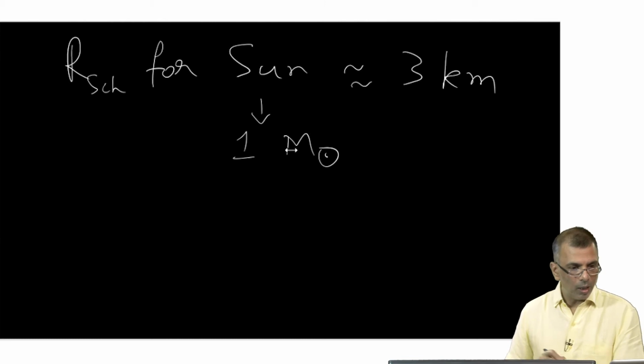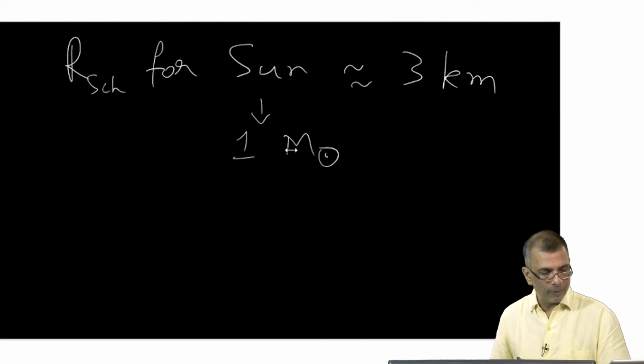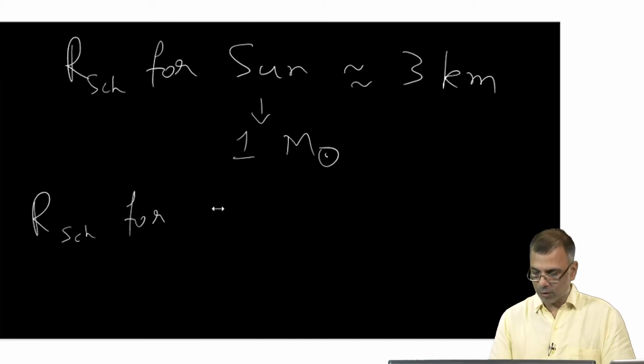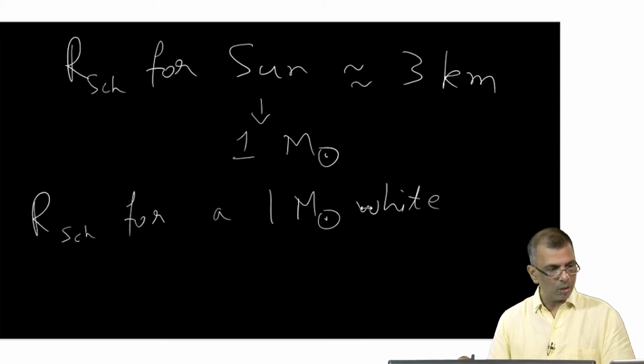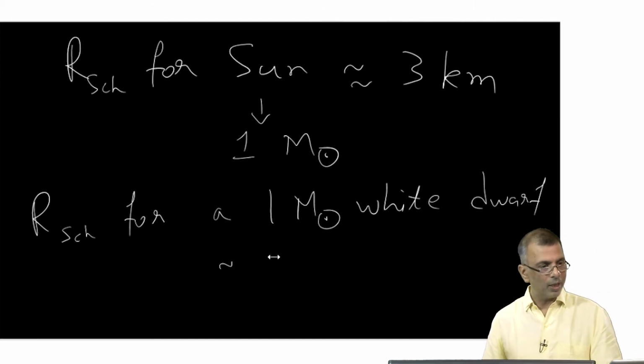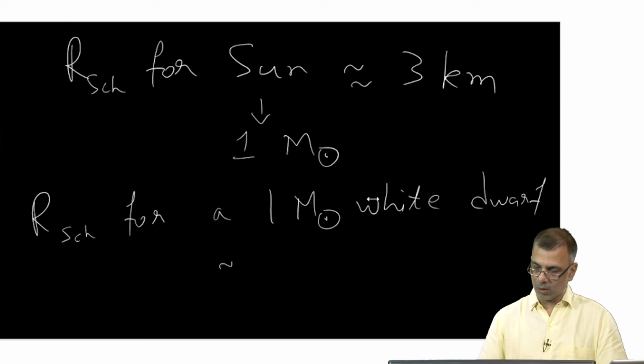However, for a white dwarf, the R Schwarzschild is something like 3 kilometers.